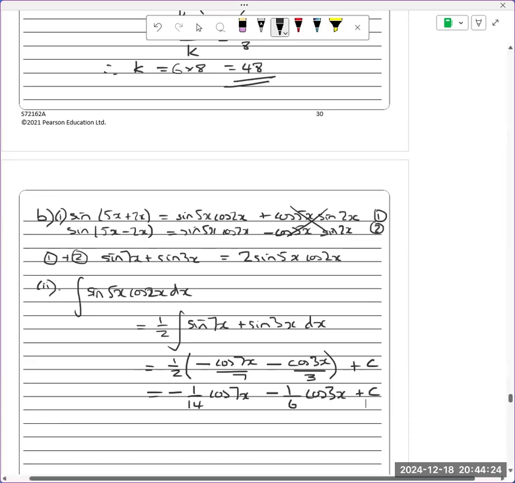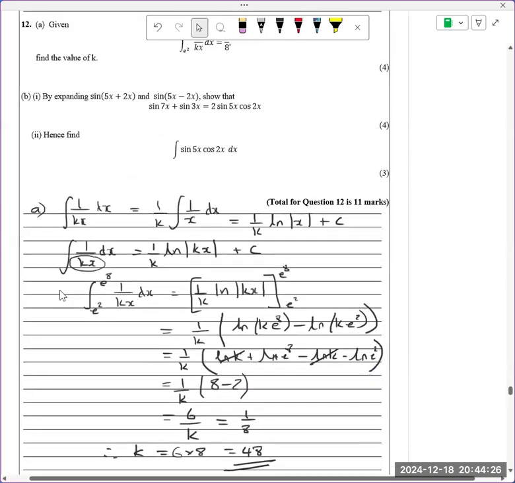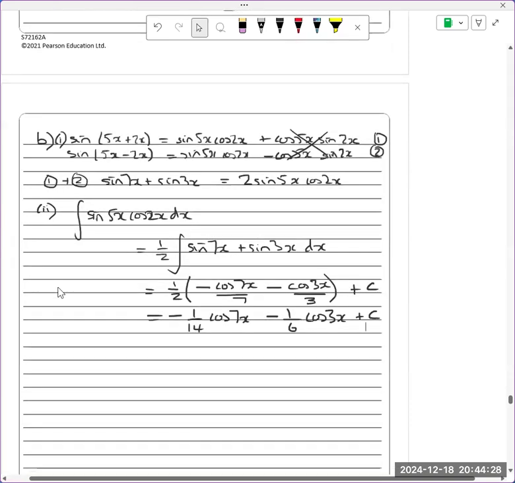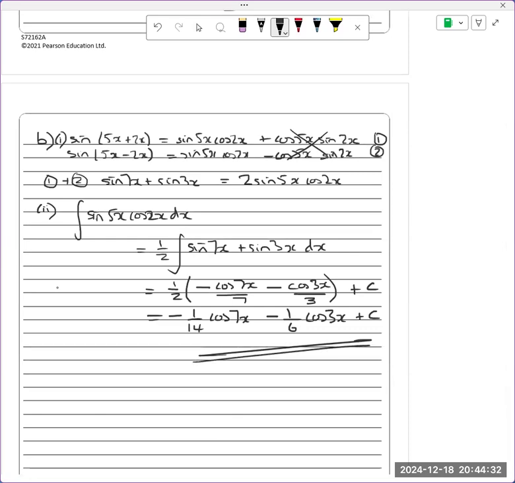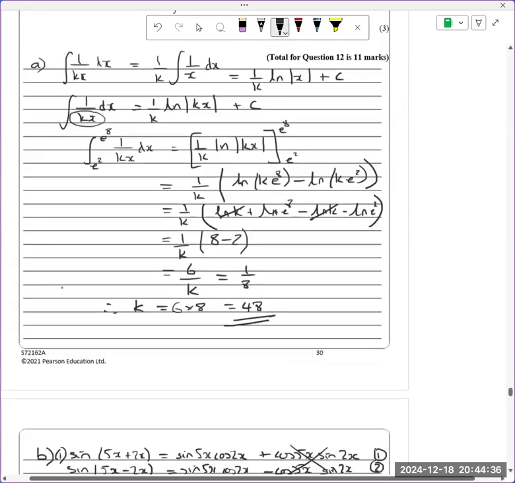Is that all we had to do? Yeah, that's all we had to do. 3 marks. That is my answer. And that, I believe, is the end of question 12.